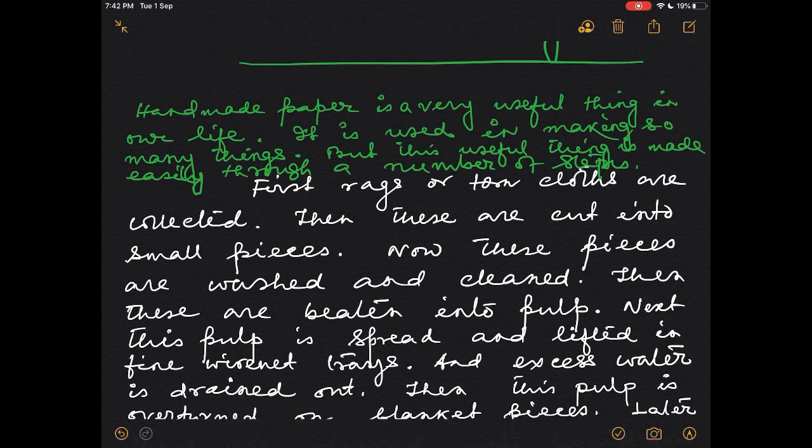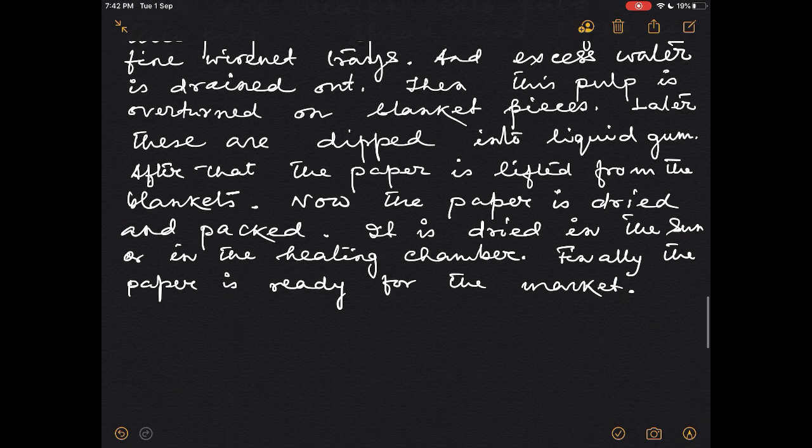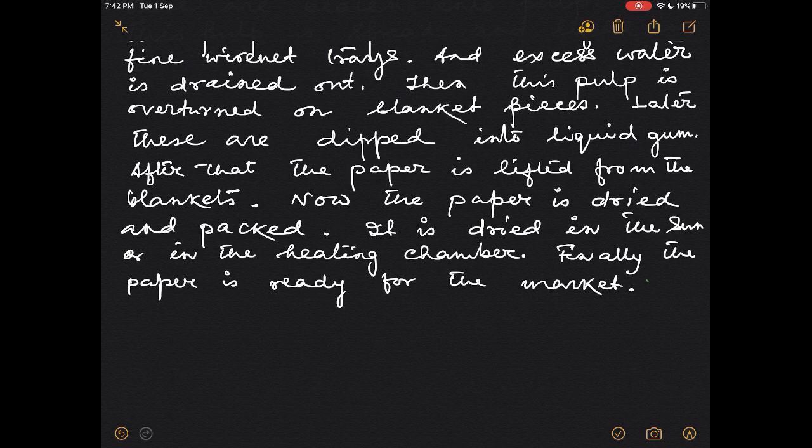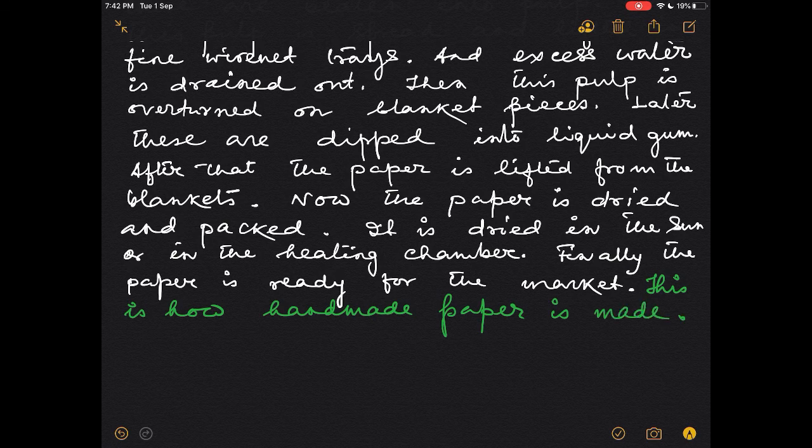This is the introduction, and for the conclusion you may write only one sentence. This is how handmade paper is made.